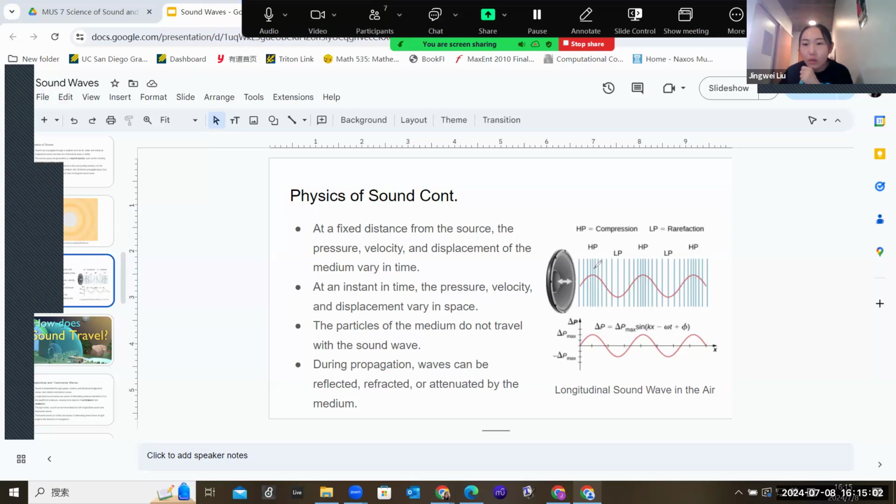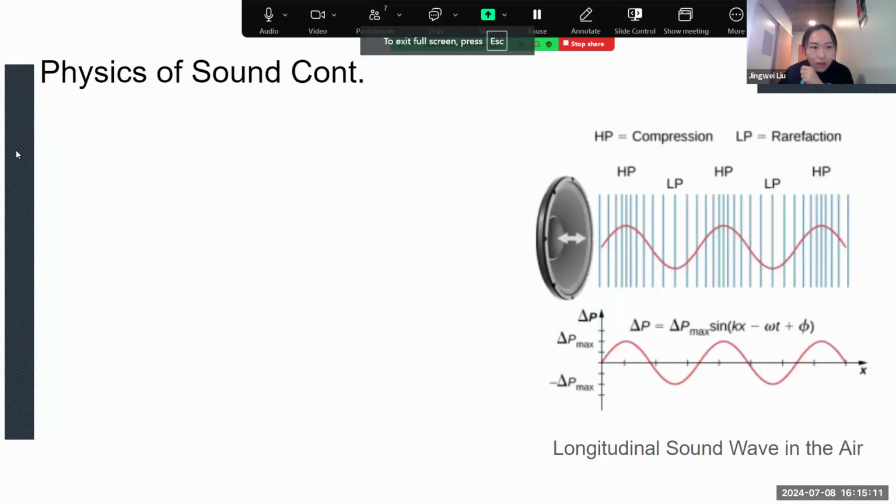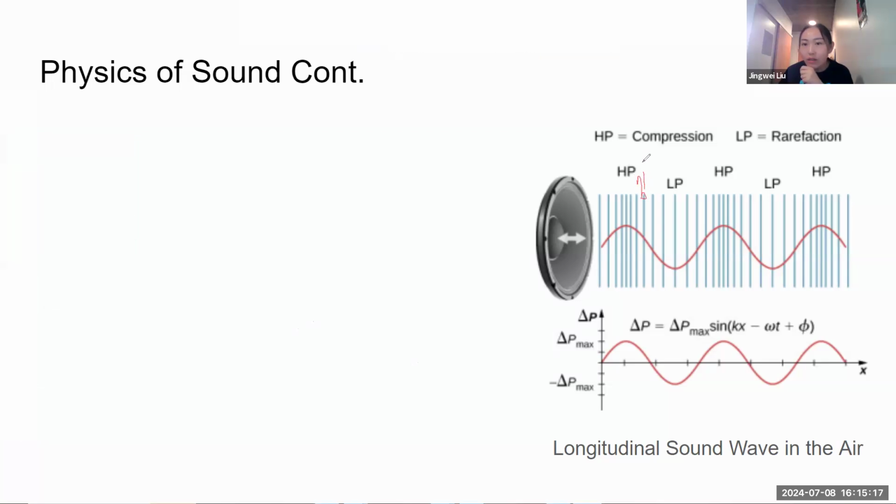One is time: for a fixed particle, as time goes by, it will oscillate, right? And the other variable is position, x. So for any given time, like when we take a photo or a snapshot, this picture gives us the positions of all those particles at that given time.